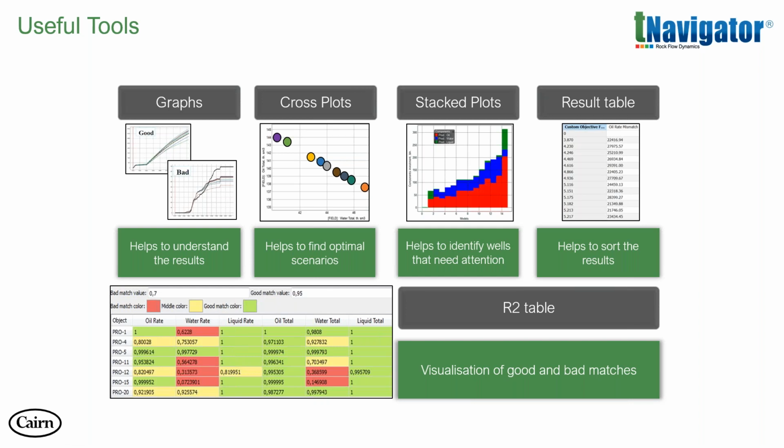It's quite a good visualization of your good and bad matches, and lets you know pretty quickly what degree of variance there is within the model. Stack plots are one of the things that I used because they quickly help you identify the wells that need attention or are significantly off from your history match.